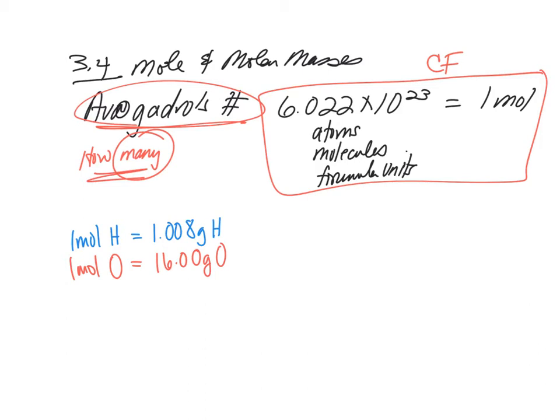All right, so now let's look at the different checkpoint problems. We'll work with 3.4.1. How many molecules, so see, how many, do you think Avogadro's number, how many molecules, we'll highlight this right here, molecules.